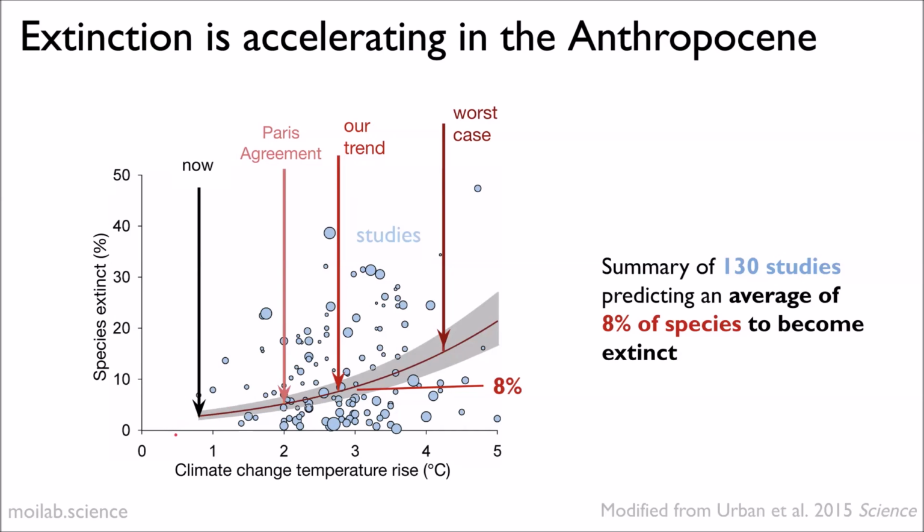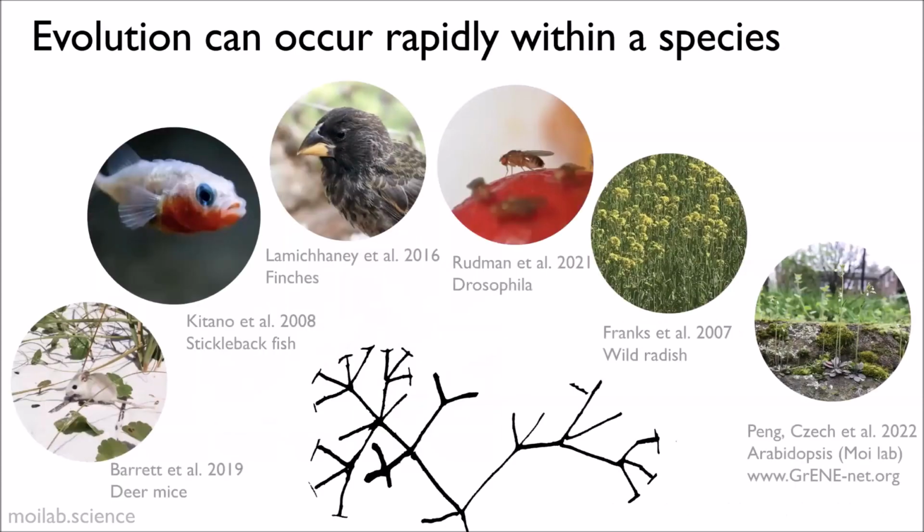And the other thing that he observed was that as climate change progresses, that is, the assumption of the models were stronger and stronger in terms of our climate change trend, the extinction accelerated. So we are entering a mass global extinction, which means we're in an era where maybe a large proportion of species might be extinct.